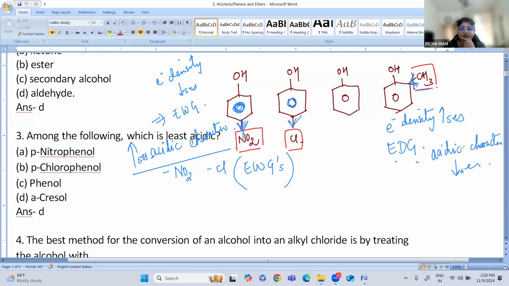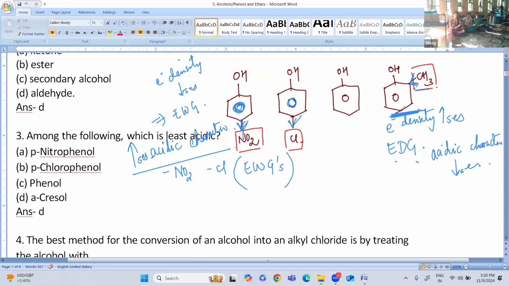Now, arrange the molecules with this information. They have asked which is least acidic. Which is least acidic? Option D, orthocresol, because it has the electron donating group.